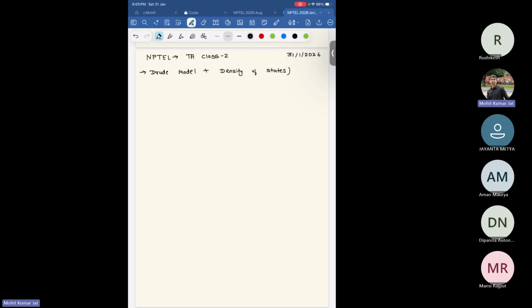These are the main topics which I will be covering with the help of numericals to make the concept further clear. The Drude model and the density of states have already been discussed by Professor Aragya in the first week of the class.